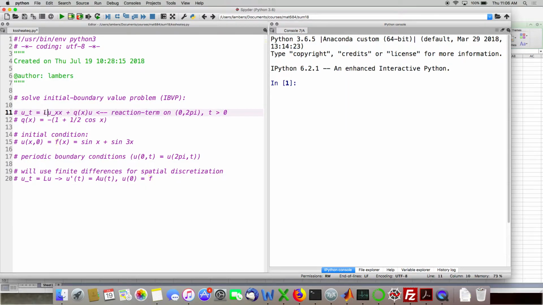So I'll just fill in Lu there so we see what L is.